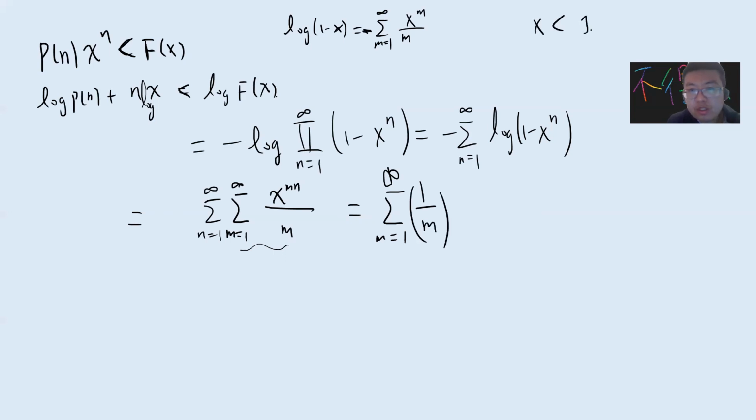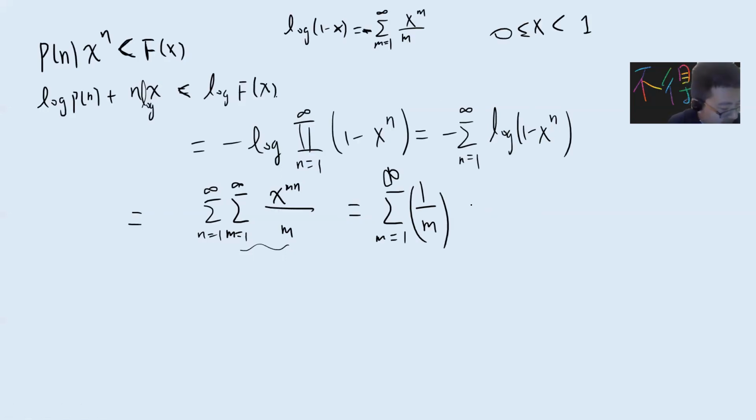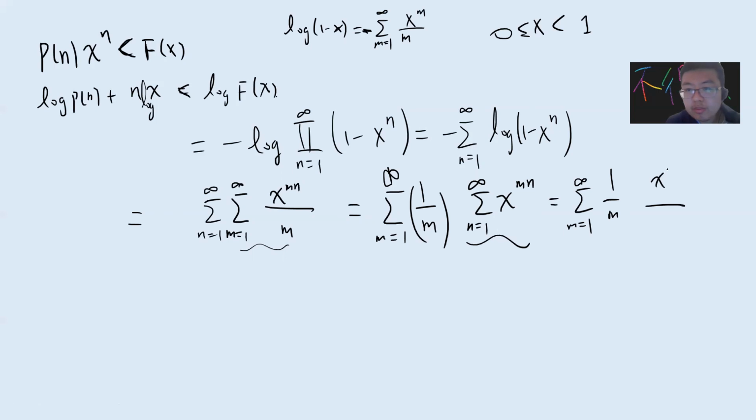Remember that let's consider x is less than 1 and greater or equal to 0. So you get 1 over m and the summation over n from 1 to infinity of x^(mn). So this is the geometric series. So you get the summation over m from 1 to infinity of 1 over m times x^m over 1 minus x^m.